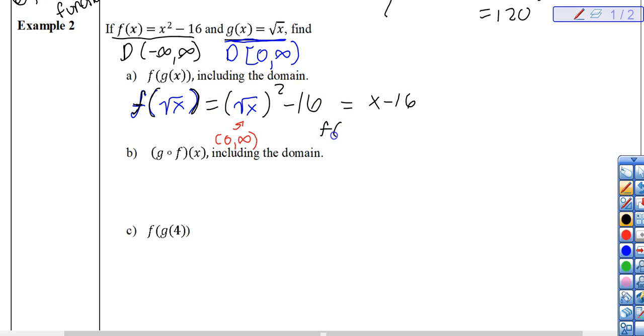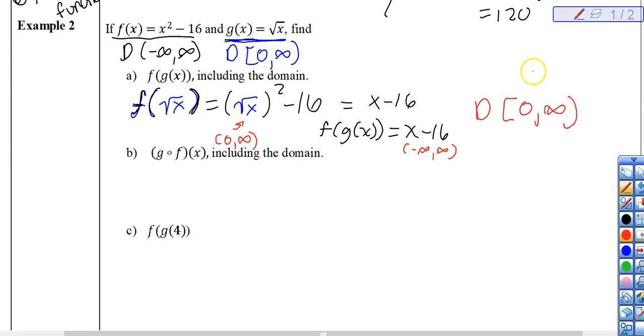So we can say that the f of g of x is x minus 16. Now you might think, well, that domain's unrestricted because it's linear, right? But it was restricted from the beginning. So I can only graph where they overlap. Where do these two domains overlap? Where do they start overlapping? From 0 to infinity. So you have to be really thoughtful and careful.